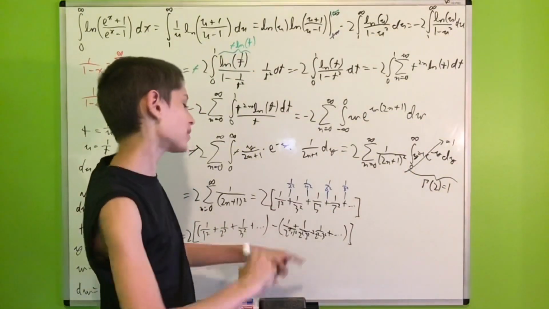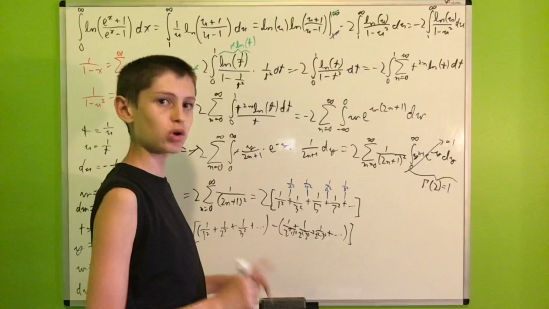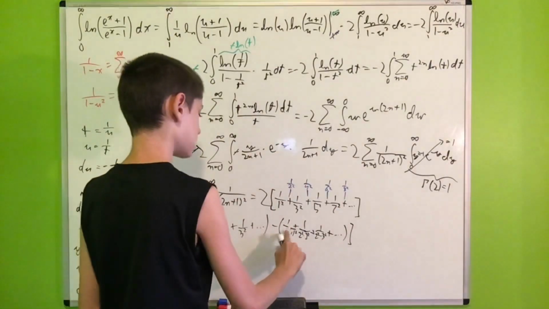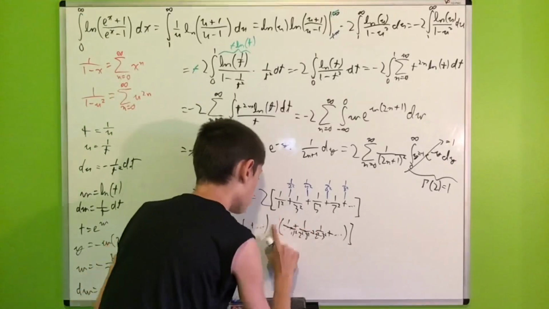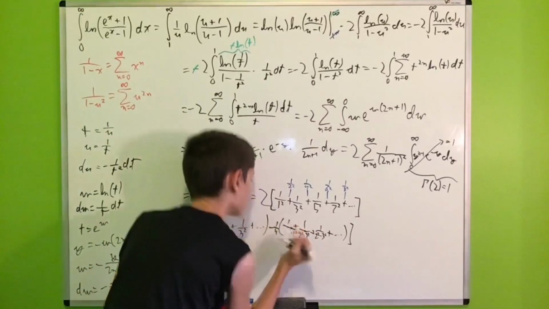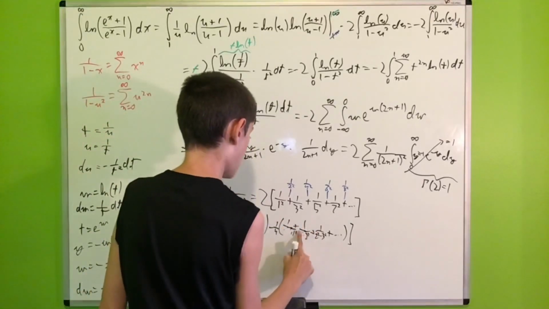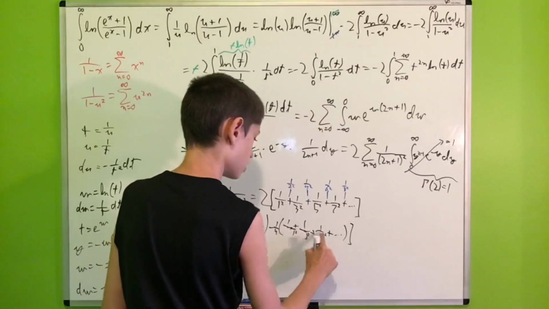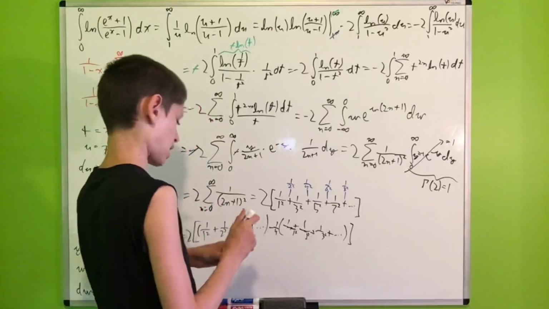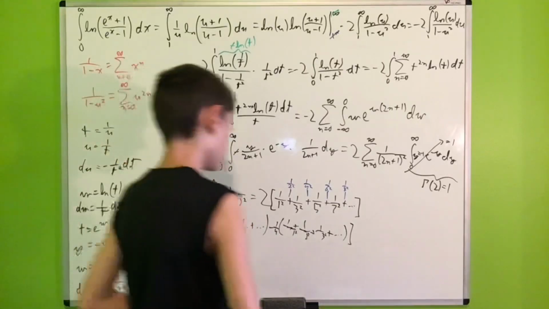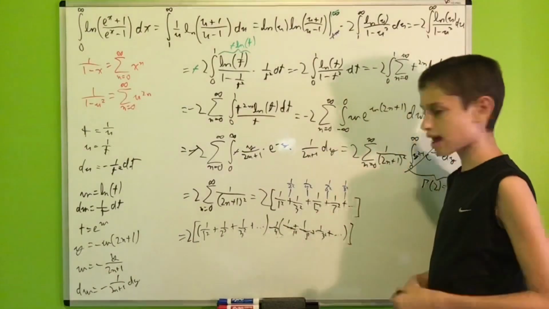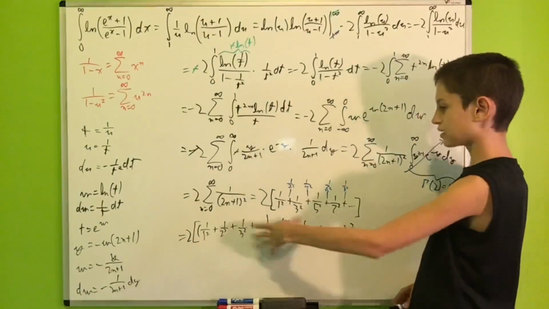And now we can see that we have a common factor of 1 over 2 squared, or rather 1/4, which we can easily factor out of this infinite series, so we get negative 1/4 there, and we can erase all of these 2 squared. And now these two sums, this and this, are exactly the same, which means we can factor them out.